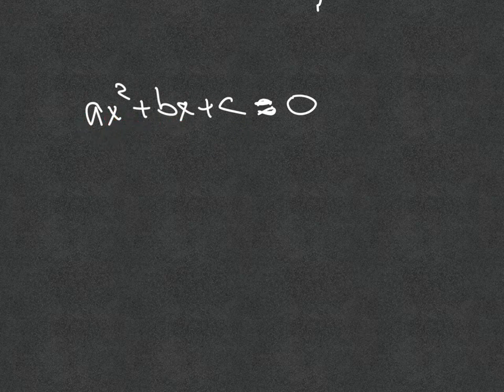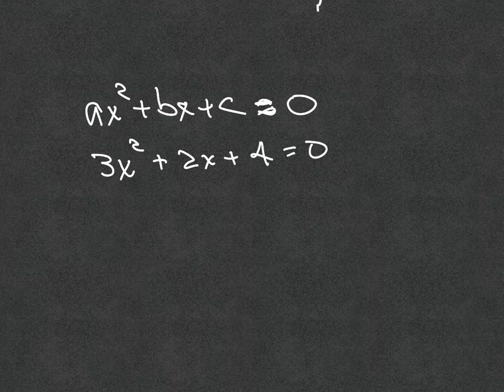So when those are written as numbers, such as 3x squared plus 2x plus 4 equals 0, we replace the a, b, and c with numbers, and then we solve for x with it equal to 0.